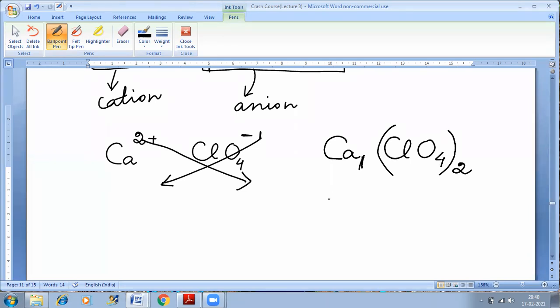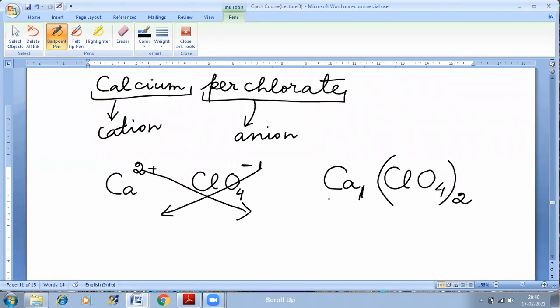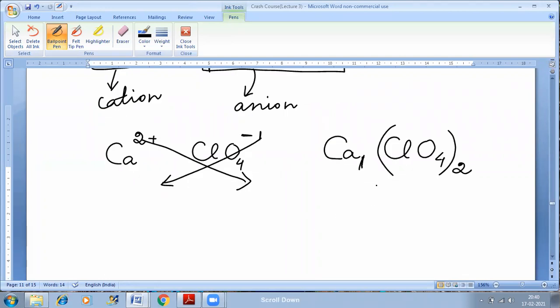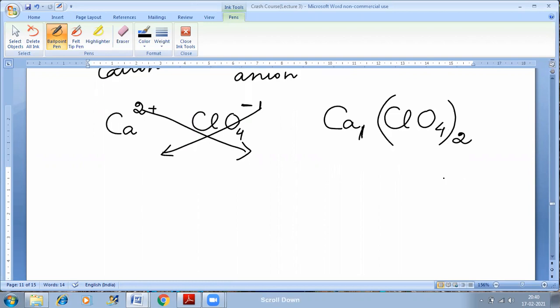So this is going to be the formula of the salt. The salt is calcium perchlorate. This 2 comes outside the brackets and below like a subscript. So please ensure that you write the formula of the salt in this manner, and you need not write this 1 below calcium.